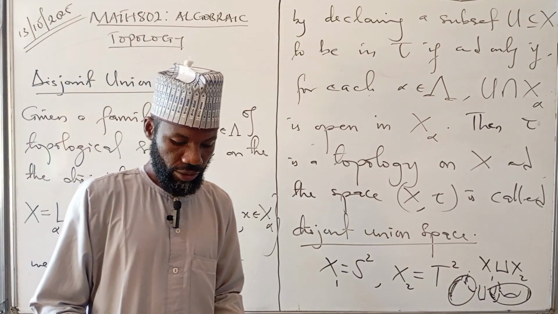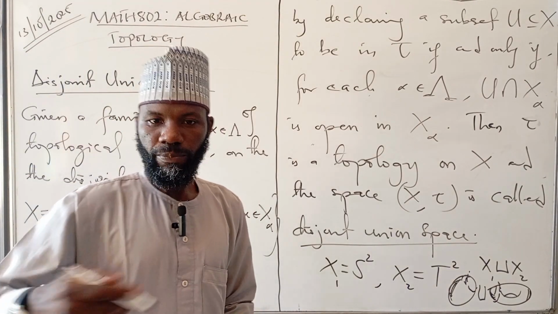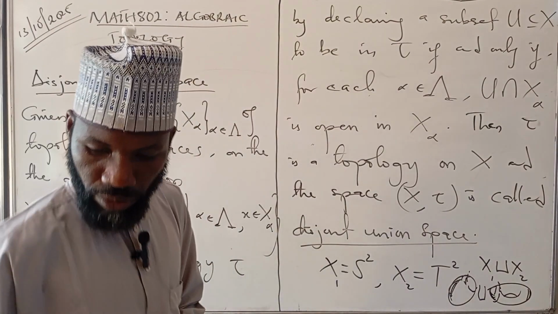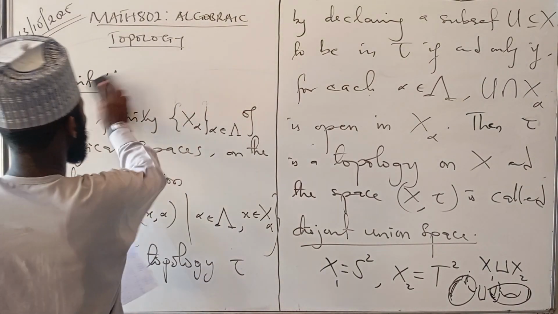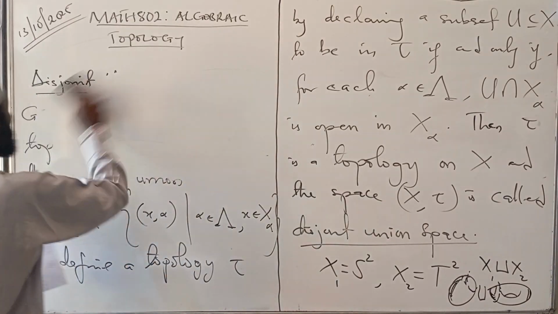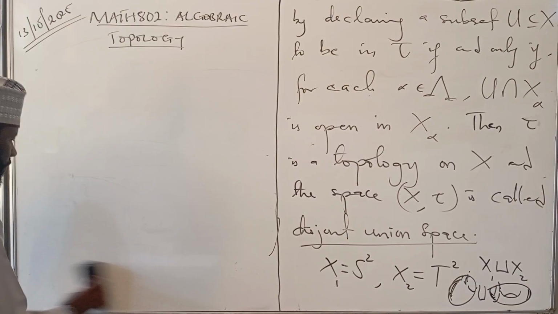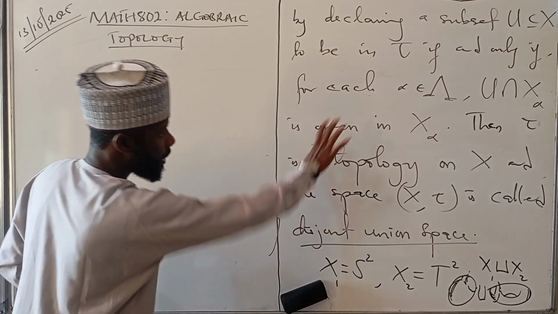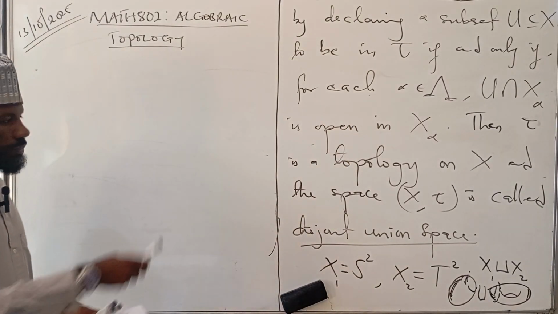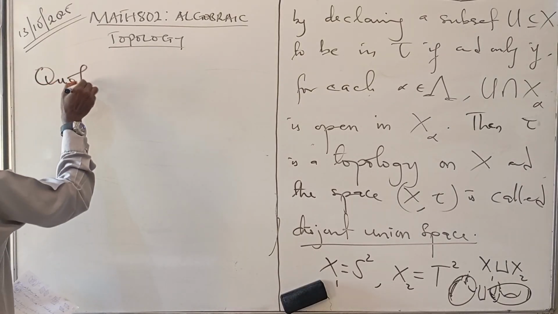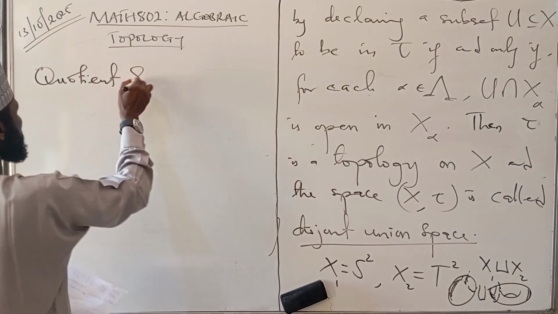This is the fourth operation on topological spaces, or fourth method of constructing new spaces from existing spaces. So if you have any problem with this, you can still ask. If no, then we can now talk about quotient space.